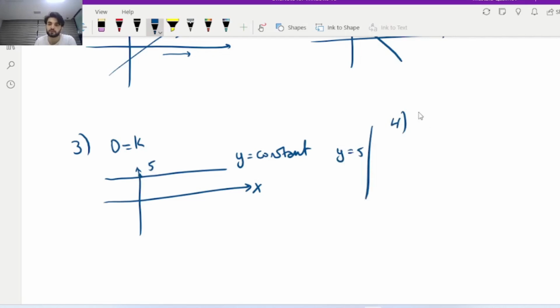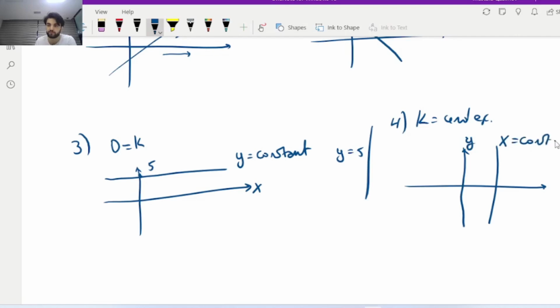The fourth one, the slope is undefined. For undefined, it is parallel to the y-axis, and as a function, x is equal to a constant. Let's say here is 4. It is x is equal to 4.